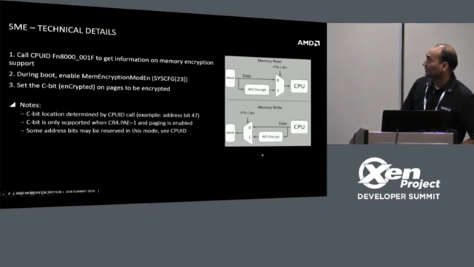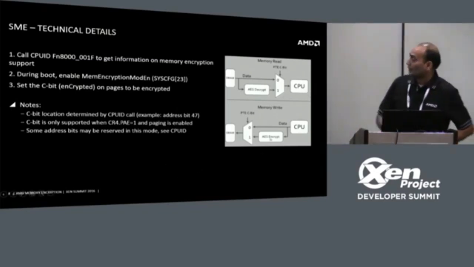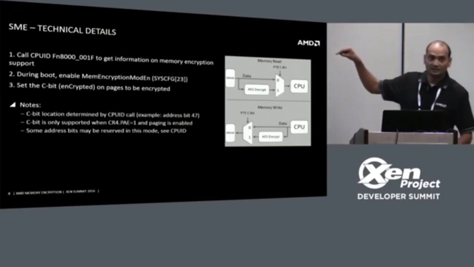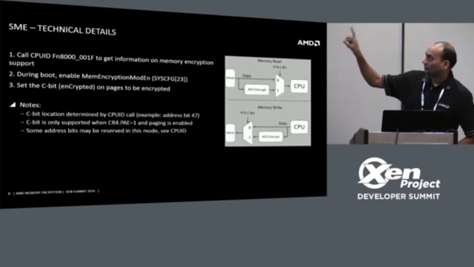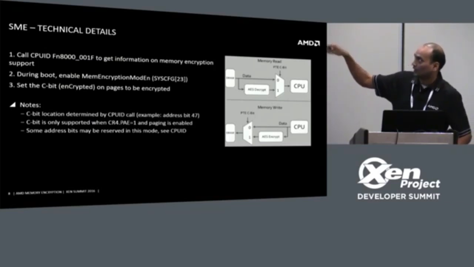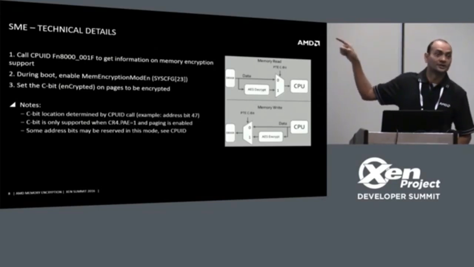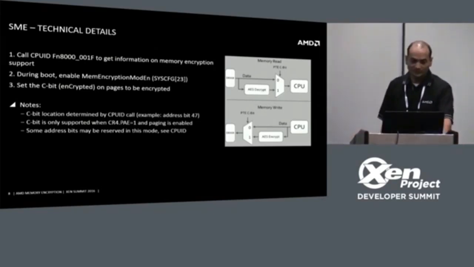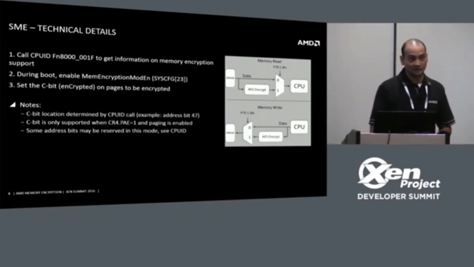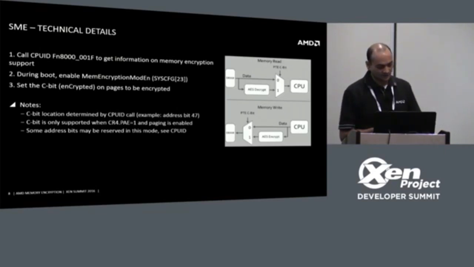That's what this diagram is showing: if the C bit is set in the page table, then any memory read from the CPU will always go through the encryption and decryption engine. And again, the location of the C bit is determined by calling CPUID. I think it's the same CPUID, just different registers.